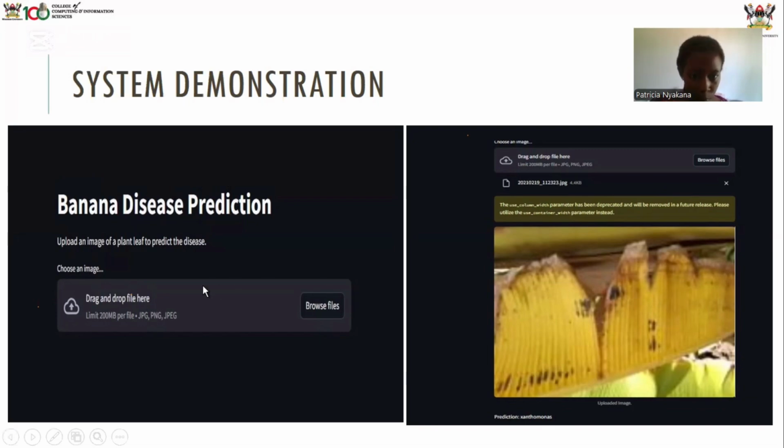So when I browse a file here, I'm going to drag and drop any file of any banana leaf image, and in turn here, the model is going to classify it according to the disease it has, or whether it's healthy, or whether it has early symptoms of either Sigatoka disease or Xanthomonas. And the prediction is shown here. So when we put in this image, it was predicted as a Xanthomonas image, meaning that this banana plant has bacterial wilt.